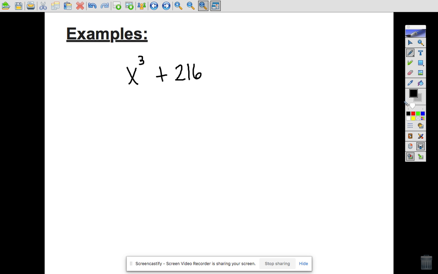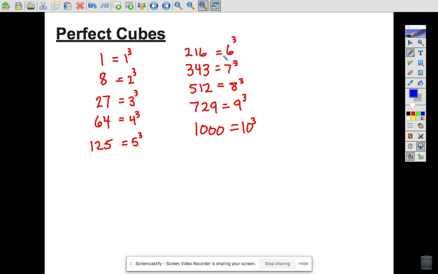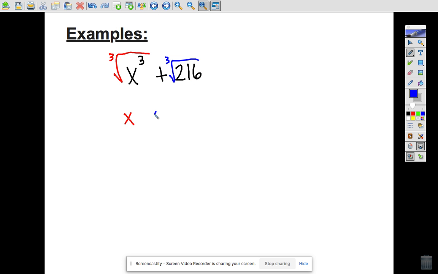All right, so here are some examples. So I've got x cubed plus 216. So I'm going to take the cube root of x. I'm going to take a cube root. Notice I don't include the sign. Cube root of 216, 6. Put that in parentheses.